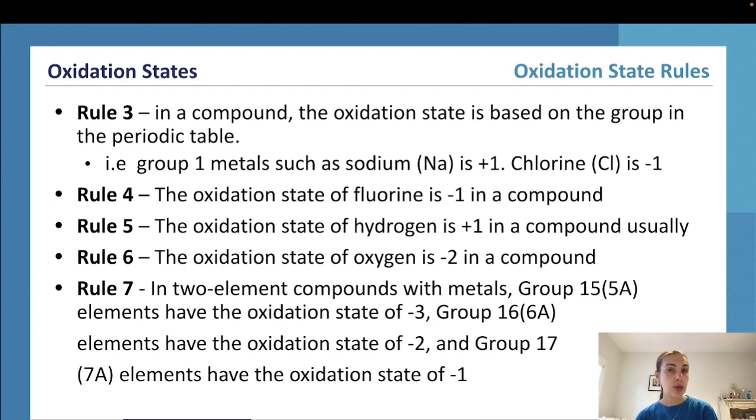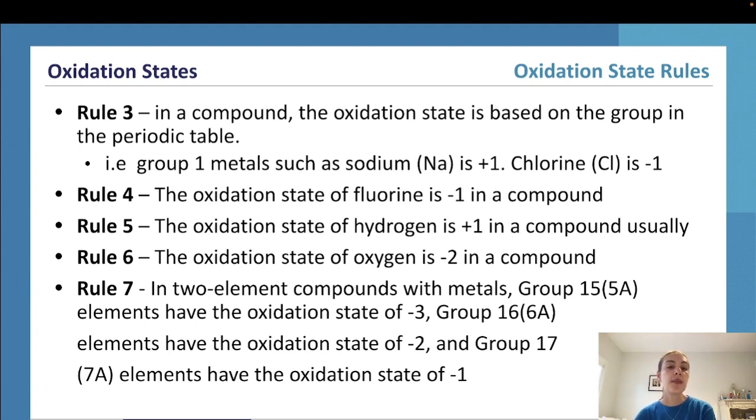And so because there's 2 of them, 2 times 1 is going to give us 2. And then the oxidation state of oxygen is going to be -2. So 2 minus 2 gives us 0. And because water is not charged, we can say that that then gives us an entire oxidation state for the water molecule of 0.